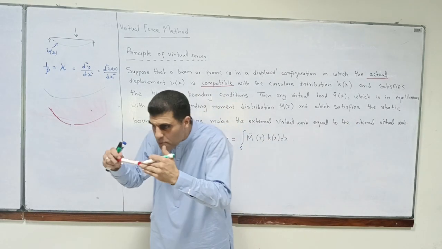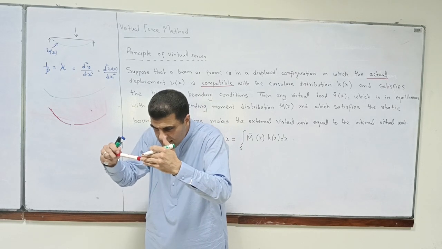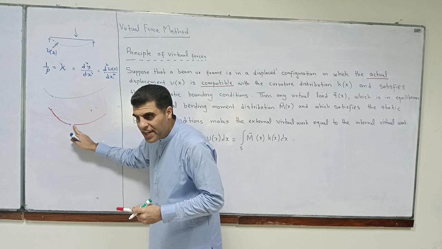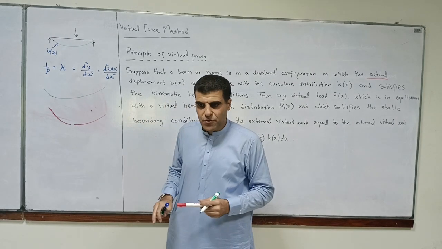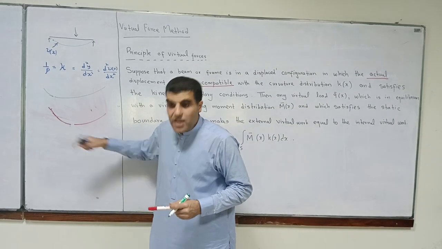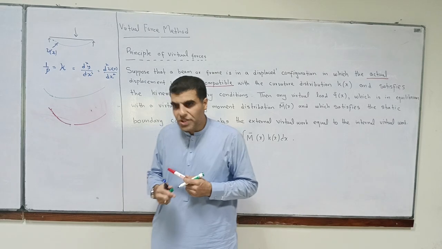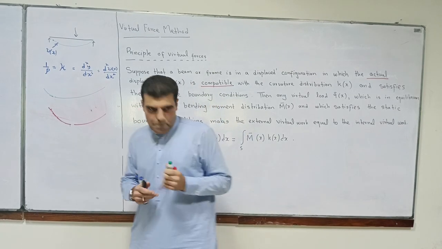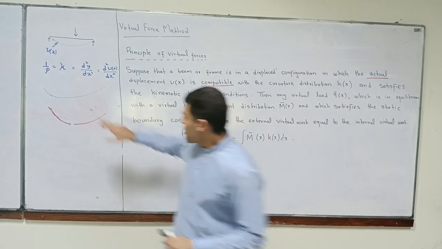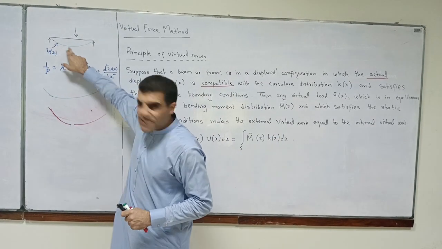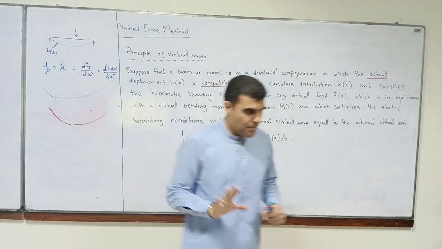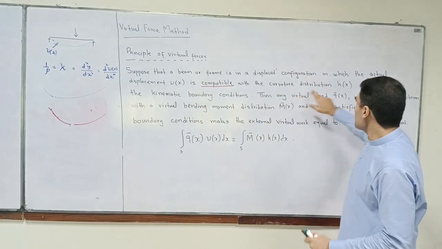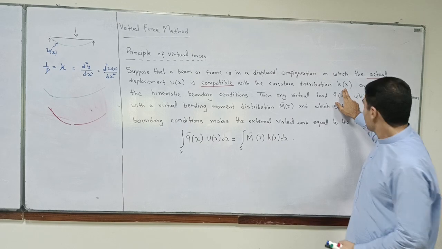Maybe it's at the same position, but it is broken. So the dy by dx for this one is incompatible with dy by dx for the other point. So that is not a continuous curve. That's a broken curve. So it is incompatible. So we are talking about a curve which is compatible. Do you agree with me? Yes? So Vx is compatible with the curvature distribution.